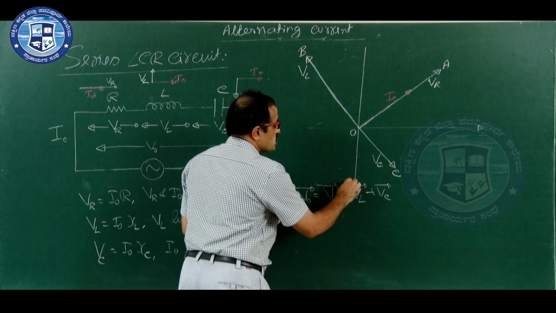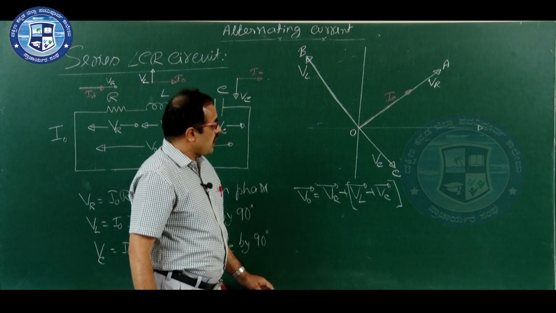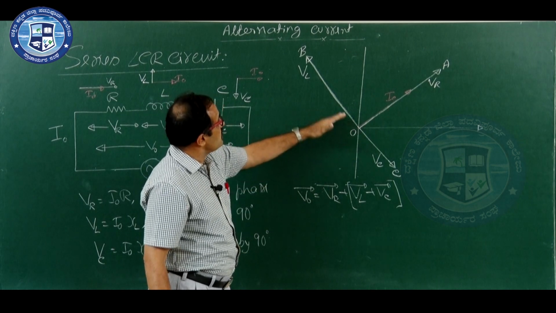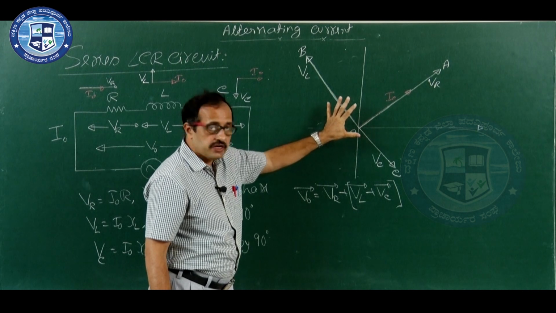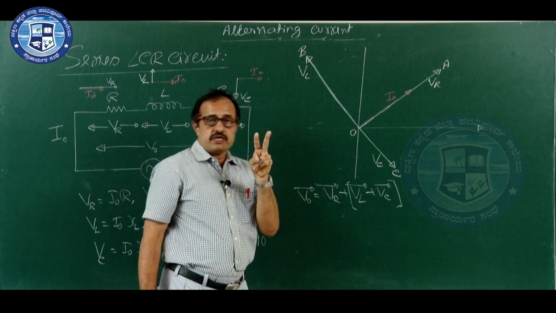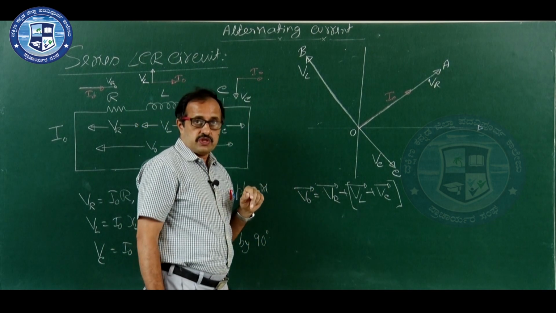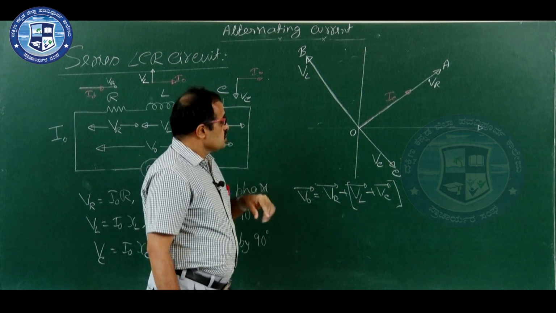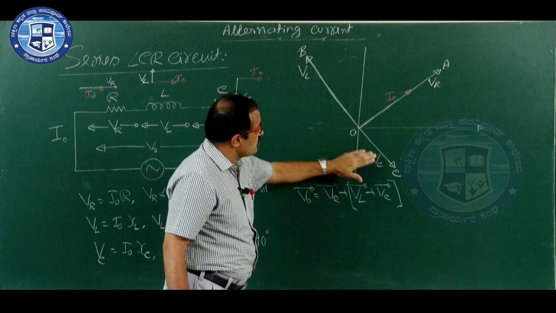So, now I want to solve this part first. VL and Vc I want to find out in the first step, because they are in opposite direction. See, VL is in one direction, Vc is in the opposite direction. How to find out the resultant? We know if there are two vectors in opposite direction, resultant is always equal to difference, and it is in the direction of larger vector. So, think that VL is more than Vc.